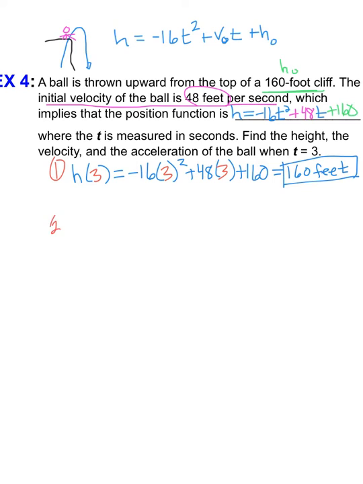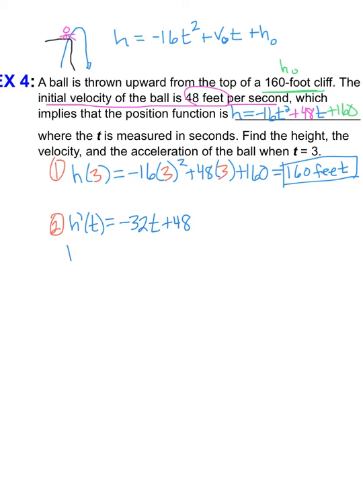And then number 2, in order to answer number 2, we're going to have to find the velocity function. So we have to find h prime of t, which is equal to, so I'm going to use this function that we wrote up here. So I'm going to find the derivative of that, which would be negative 32 t plus 48.